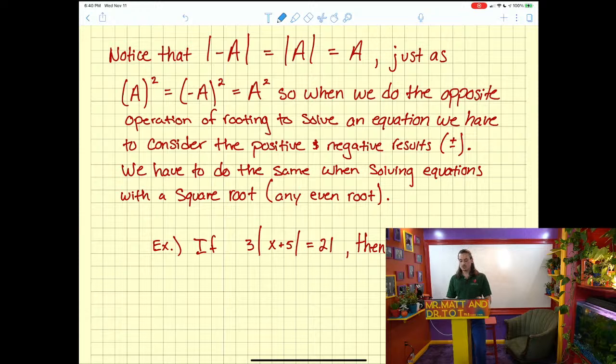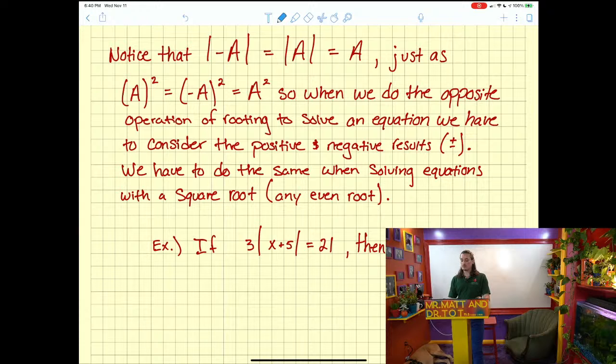Just as, notice, a quantity squared is the same exact thing as -a quantity squared, right? Because the negativity cancels out when you raise anything to an even power. So when you have -2 squared, for example, that's -2 times -2. The negativity cancels out.